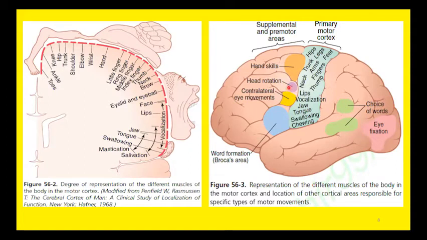Superior to the eye control area is the area for control of head rotation, and then comes the movement of hand. So homunculus is the topographical representation of all the regions of the body over the surface of the cerebral cortex.